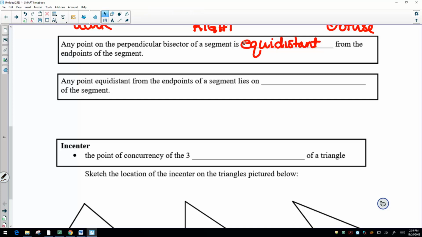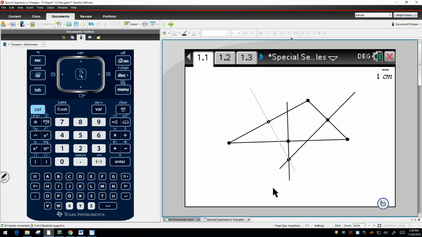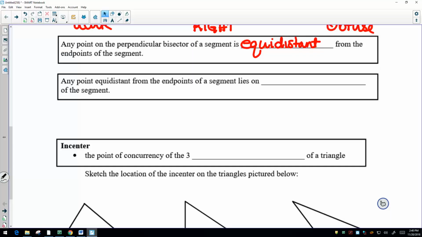So if I were to take a look back at our picture here, any point on the perpendicular bisector, so anything along this line, is going to be equally distant from the endpoints of the segment. And if we go back, we can take the converse. We can switch it around, saying any point equidistant from the endpoints of the segment lies on the perpendicular bisector.